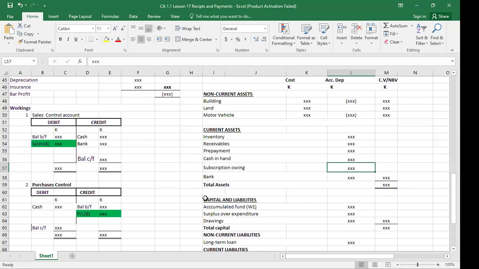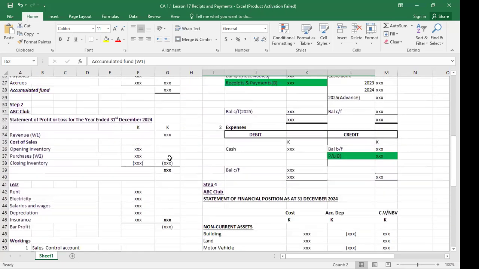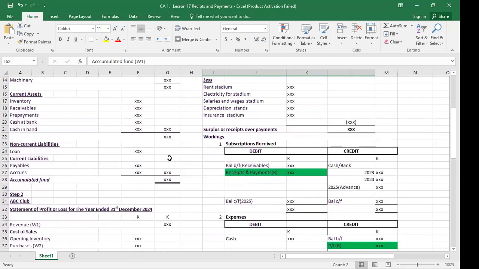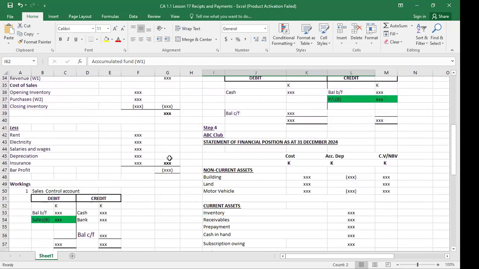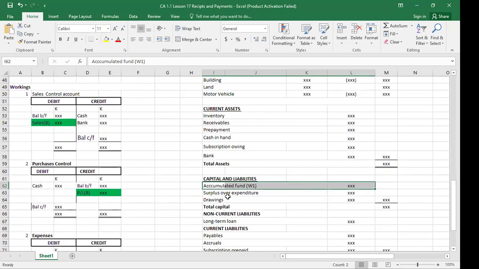And then you deduct, right, the capital and liabilities. Remember, after you sum up the total assets, you deduct the capital and liabilities. The capital and liabilities include, one, accumulated funds. The accumulated fund that we initially calculated in our first step, that's what we bring here.